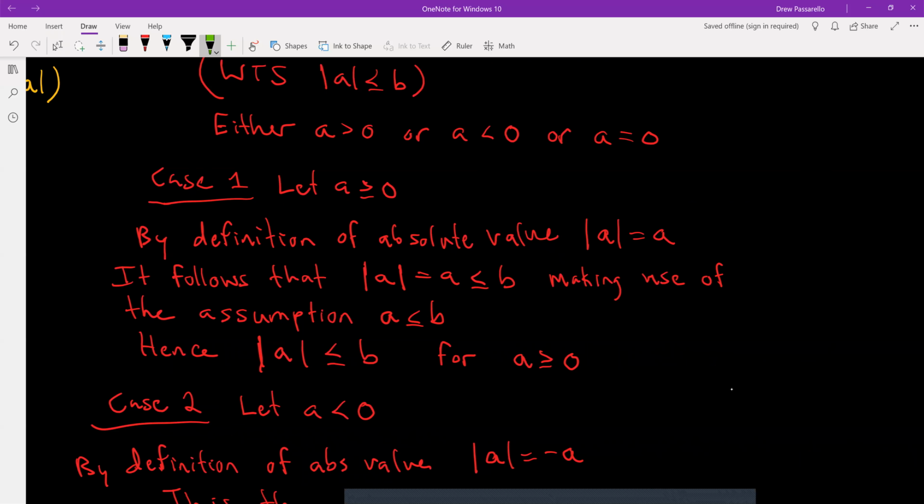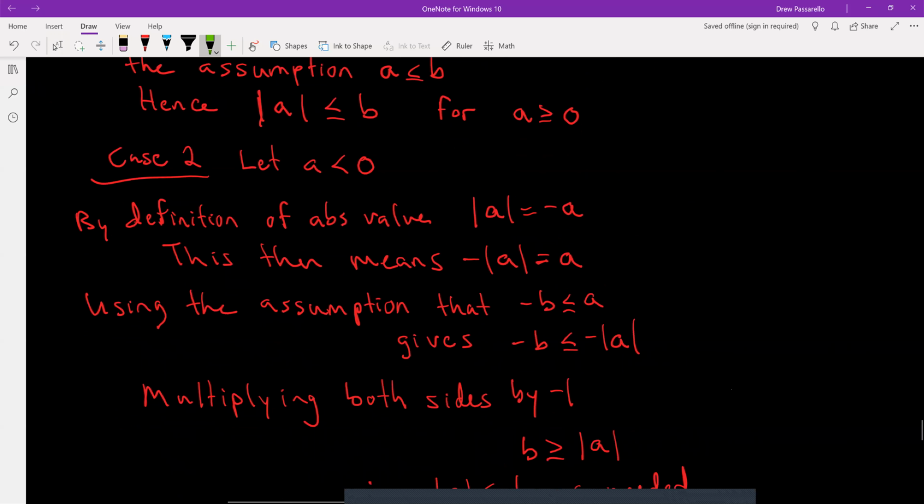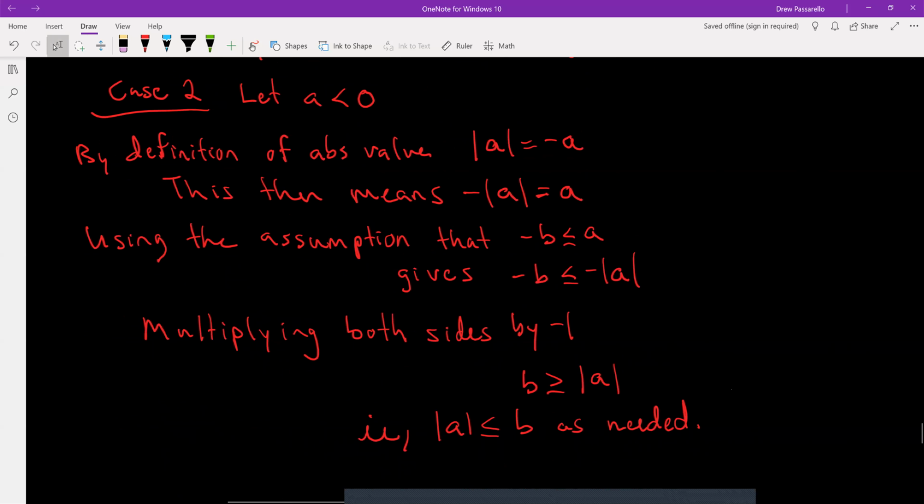Hence, we've shown for case 1, when a is greater than or equal to 0, absolute value of a is less than or equal to b. Now the second case, if a is negative, by definition of absolute value, the absolute value of a is equal to negative a, which means that negative absolute value of a equals a.